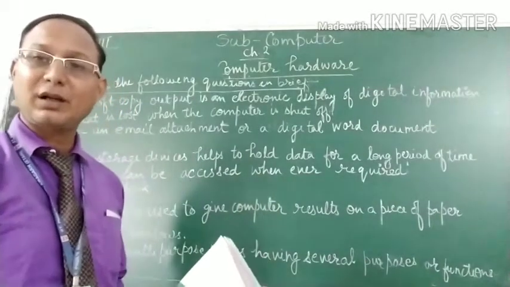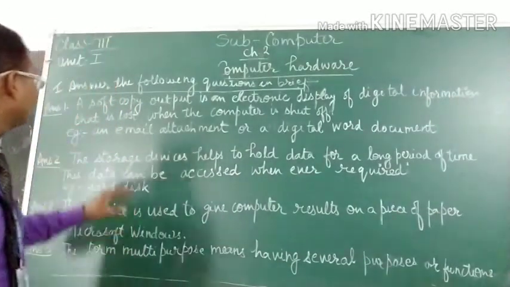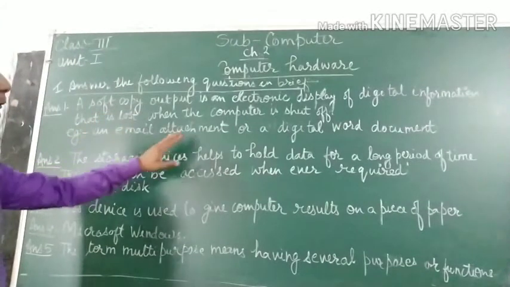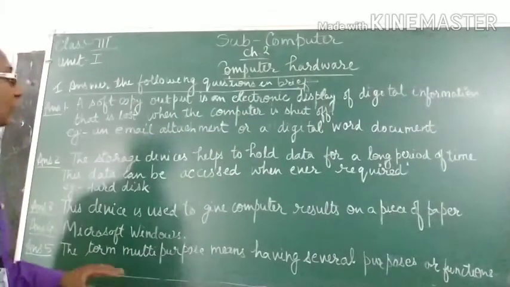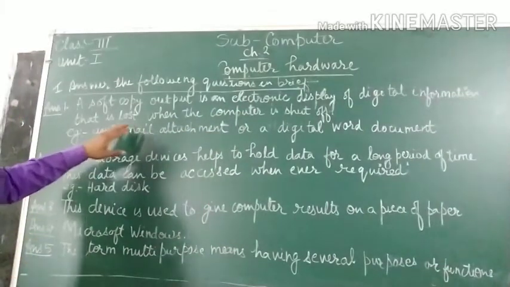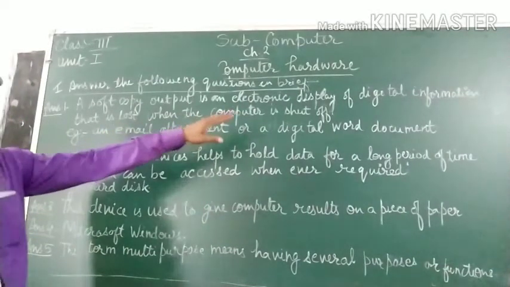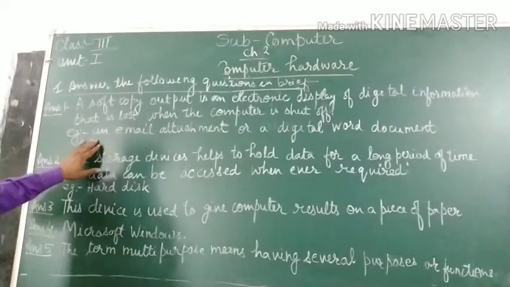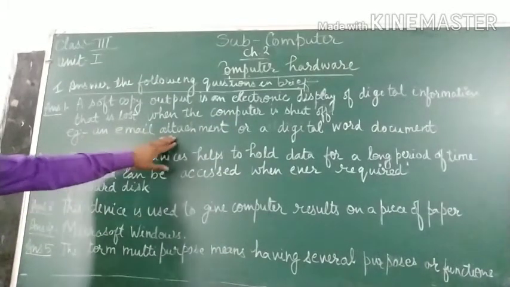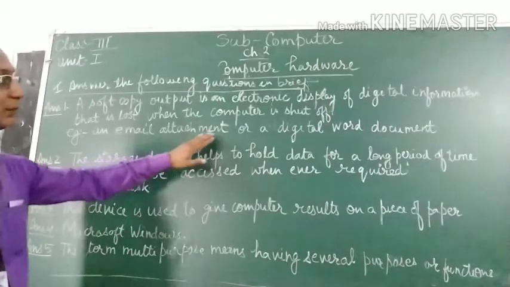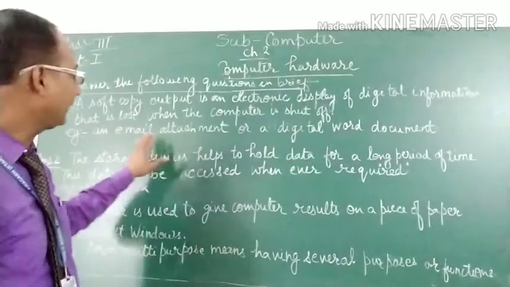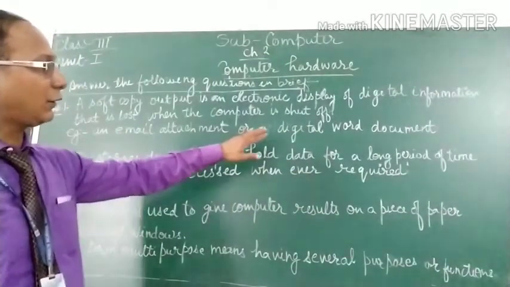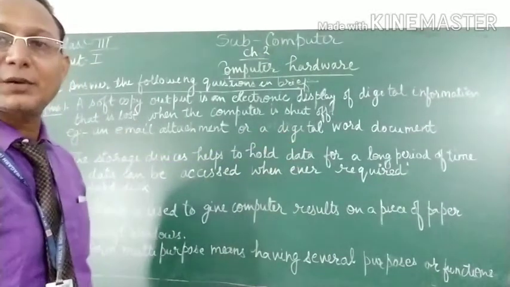So your answer will be a soft copy output is an electronic display of digital information that is lost when the computer is shut off. Example for this is an email attachment or a digital word document. You will write both an email attachment or a digital word document.